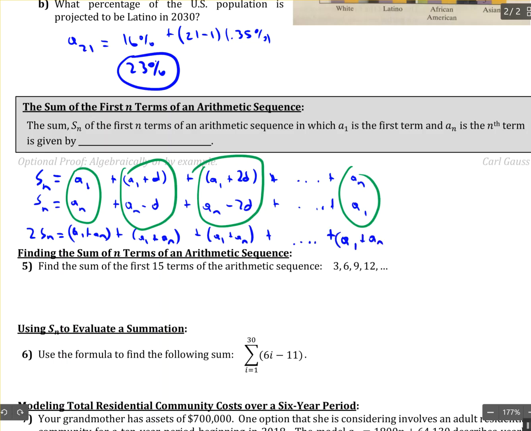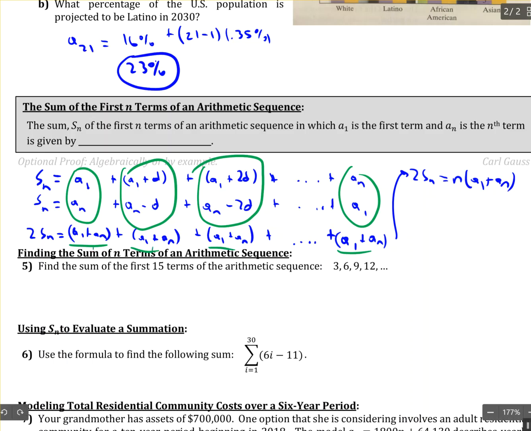So notice, how many of these do I have? Well, there are n terms in the sequence. So if I add those all up, I get 2Sn is equal to n times (A1 plus An). Again, how do I get that? It's because each of these is the same thing, and I have n of them, right?